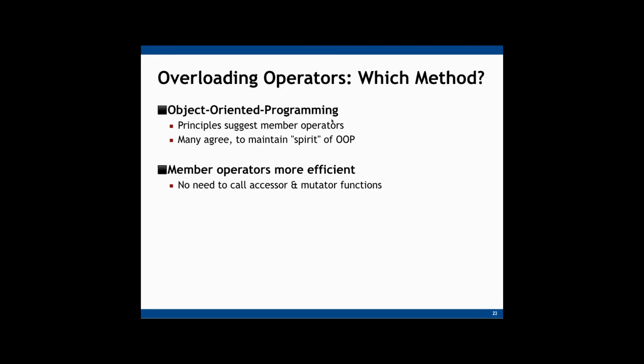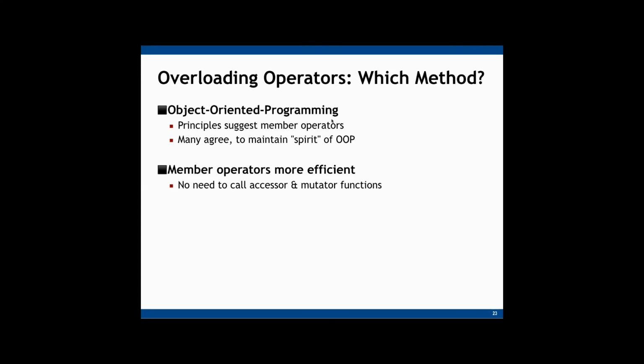In the last sessions, because we overloaded operators outside of the class, that overloaded operator function could not directly access the private members, so we used the accessor and mutator functions.